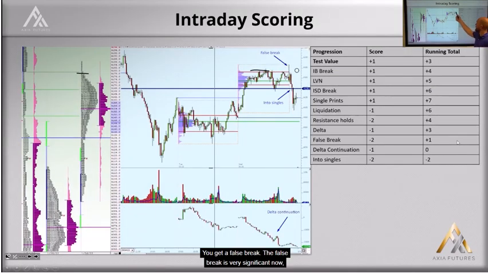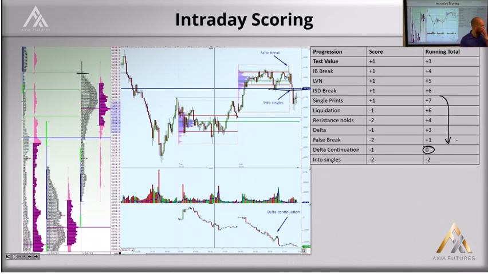The false break is very significant now because of the fact you've moved up, false break higher, that gives you a -2. Delta continues lower, further minus, so we're now down towards 0. And then when you fall into the single prints, you're already seeing that the story is very much leaning towards the bearish side, and if falling into the single prints gives you another -2, you actually now flip to negative, and this then allows for the move down.